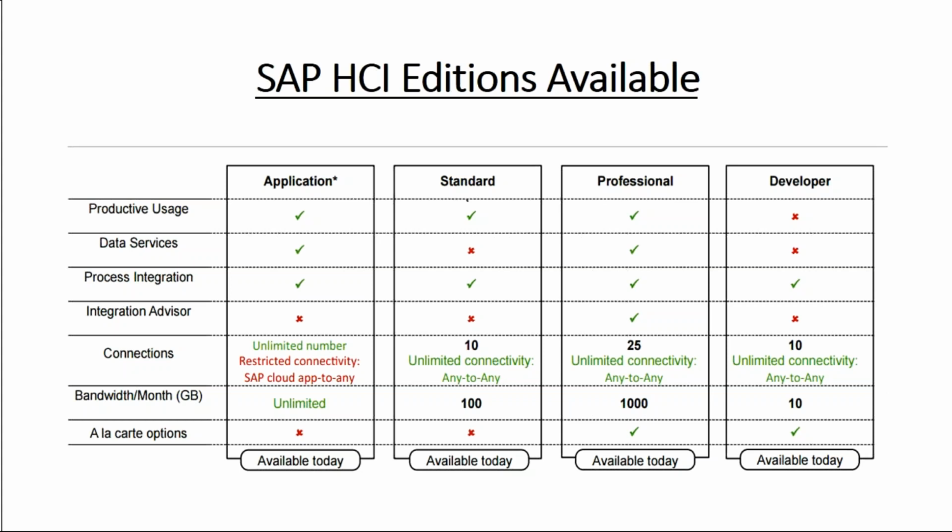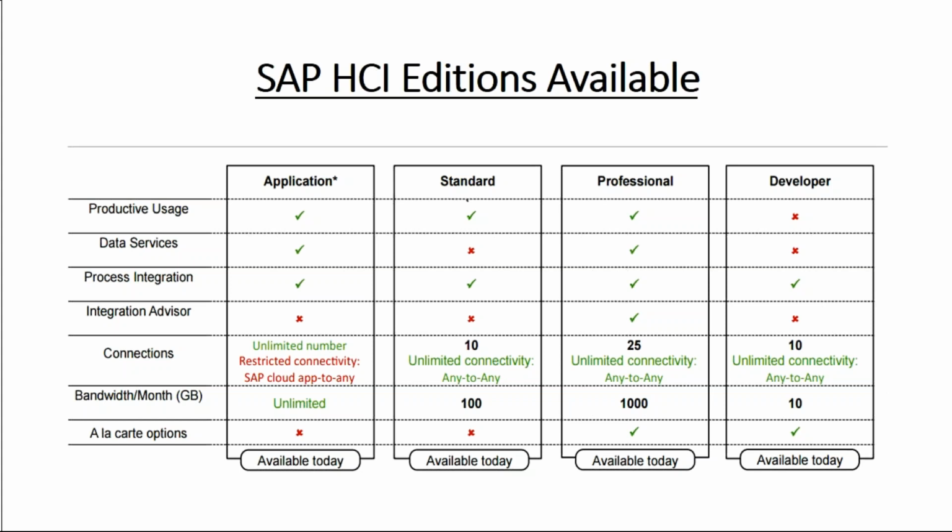In developer you won't have the data service available, but in professional and application it is available. Your process integration is available across all the editions. Your integration advisor, which we will see, is very important, but it is only available with the professional edition.